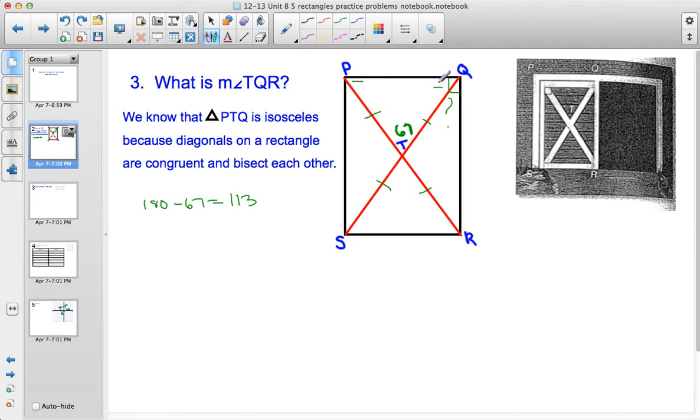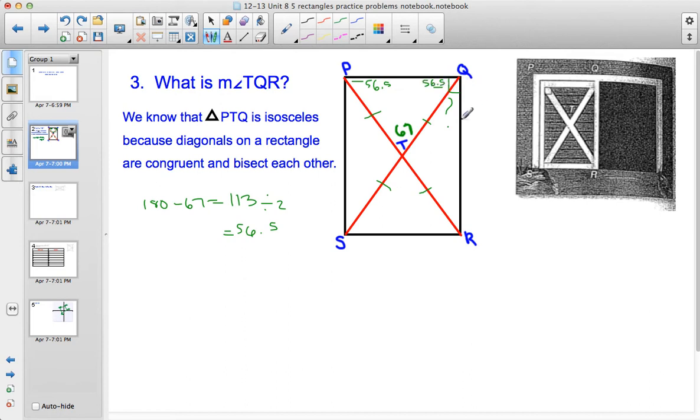So those are the base angles and they have to be equal to each other. So if I just divide by 2, I get 56.5. So that means this angle here, TPQ, is 56.5 and PQT is 56.5.